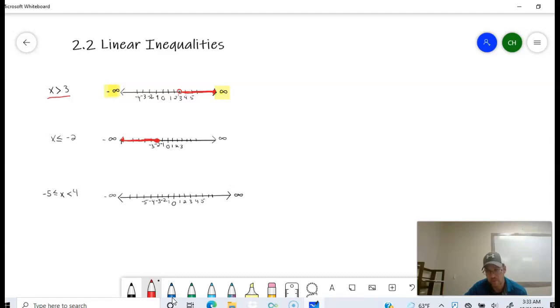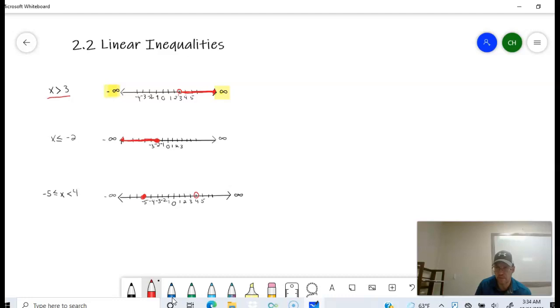My starting point is going to be my first number, negative 5. So I'm going to go to negative 5 on the number line. I'm going to make my circle, and then do I fill that in or do I leave it open? Well, because it's "or equal to," I fill it in. "Or equal to" is solid. My other end is at positive 4. So that one is not "or equal to," so that one is going to be an open circle.